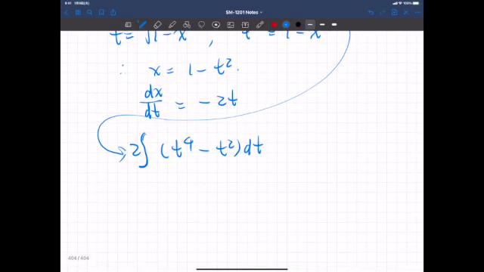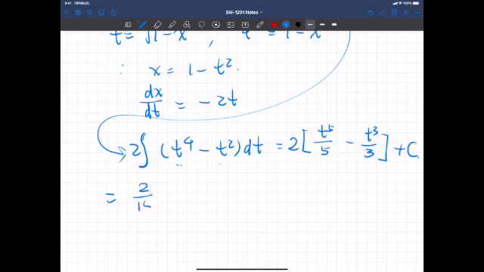And it's easy to see that the antiderivative of this function is t to the power of 5 over 5, and similarly for the other term, plus constant, of course. So let's simplify this a little bit. That would be 2 over 15 and t cubed times (3t squared minus 5).